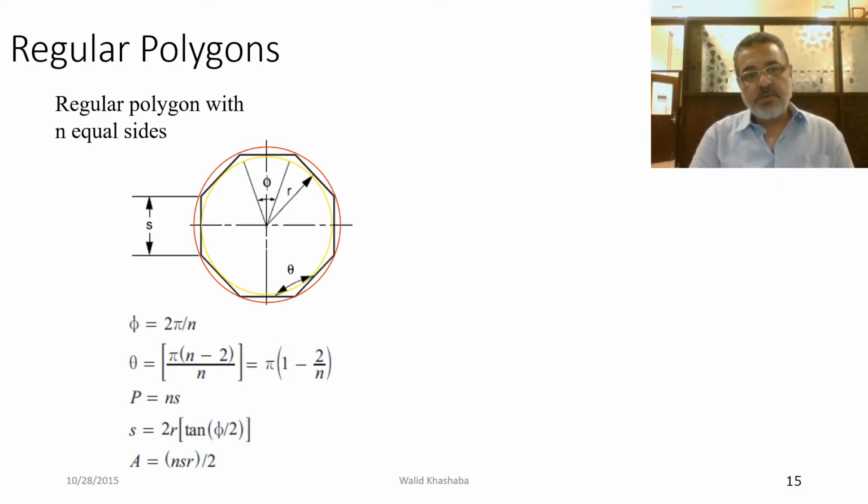Also, this figure that we have here is an octagon. Octagon means 8 sides, and pentagon, of course, is 5 sides. Hexagon is 6 sides. Heptagon is 7 sides. Octagon is this one. Nonagon is the polygon with 9 sides, and decagon is the polygon with 10 sides.